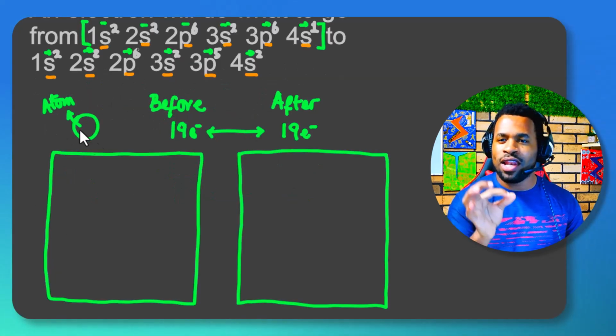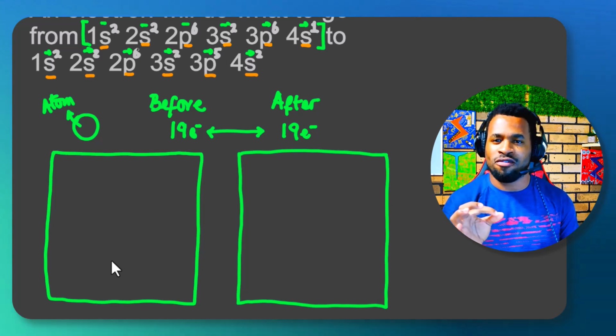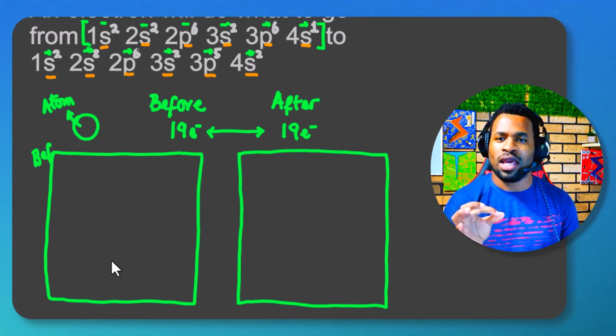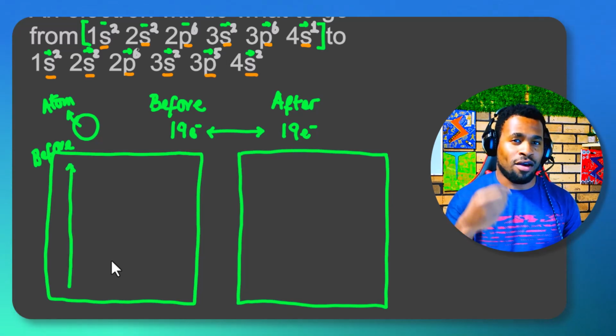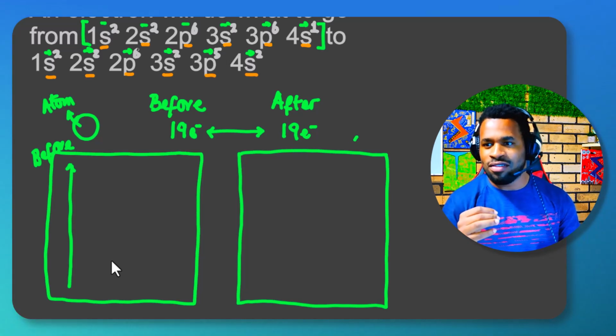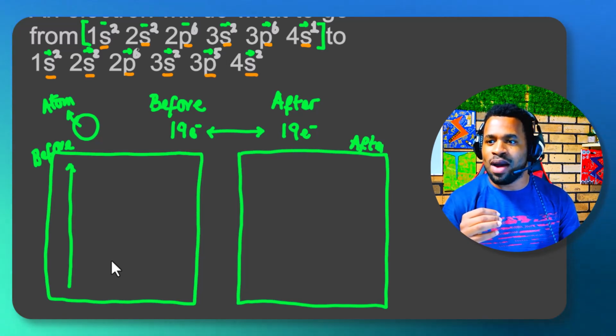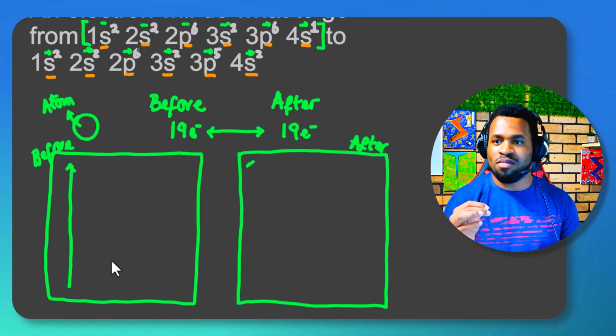At the left box, we're going to look at the before and see what is happening in terms of the energy, showing what the orbitals are revealing about the electrons. And on the right side, we're going to look at the aftermath of the same scenario.